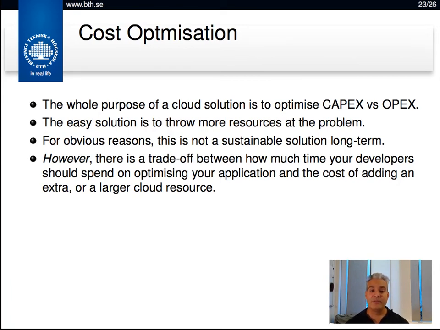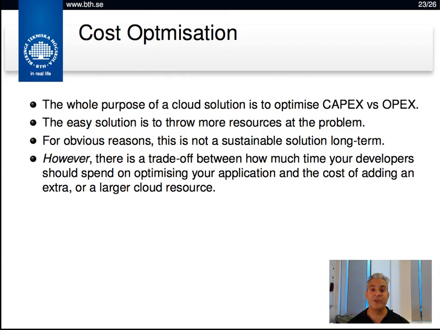Cost optimization. I mentioned this before, but there is a trade-off between just looking at the raw figures of cloud computing and saying, see how much cheaper it is to use a cloud platform rather than our in-house servers, and the fact that with smarter development, you may not need the same number of resources.